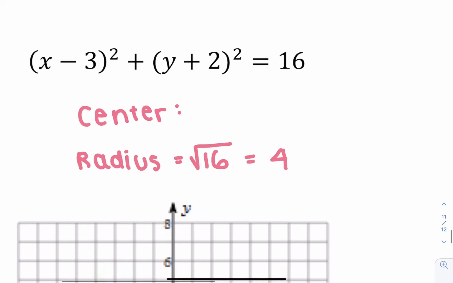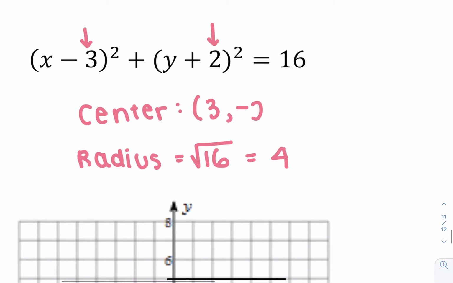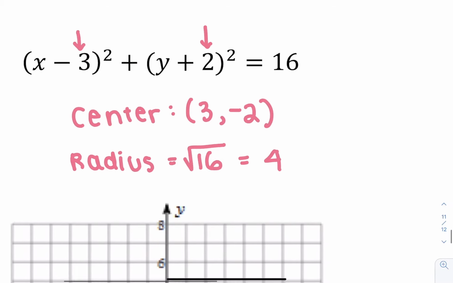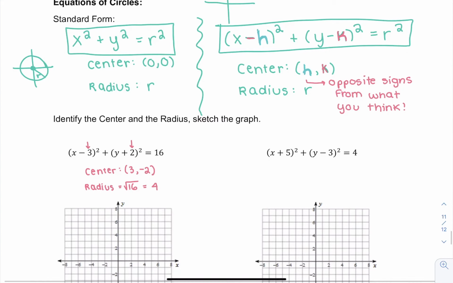It looks like the x value is going to be a -3. It's actually a +3. It looks like the y value is going to be a +2. It's actually a -2. The reason that happens is because there's already this minus sign built into the equation. So it's going to make it look like it's opposite of what it really is.